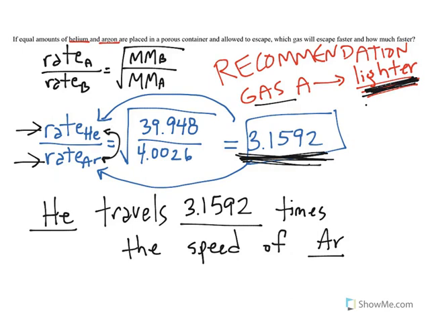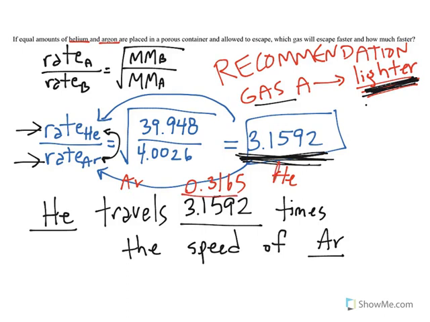If you had flipped argon and helium, you would have gotten a number less than 1, 0.3165, and it would be weird to say argon travels 0.3165 times faster than helium.